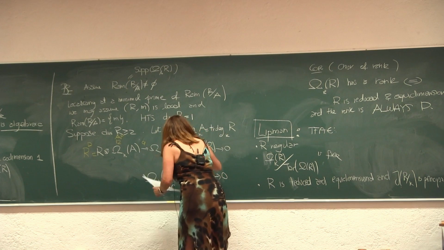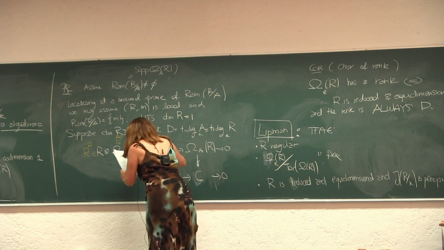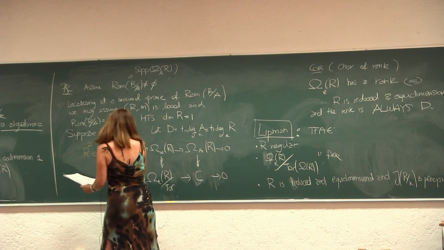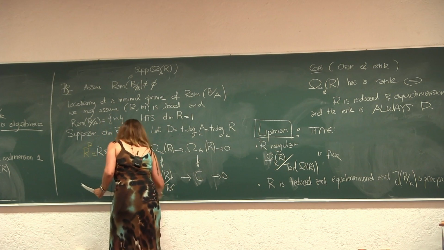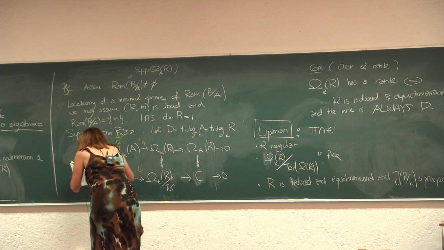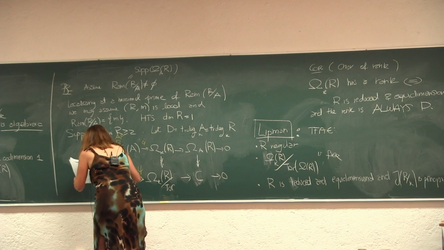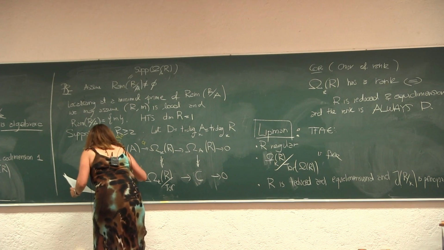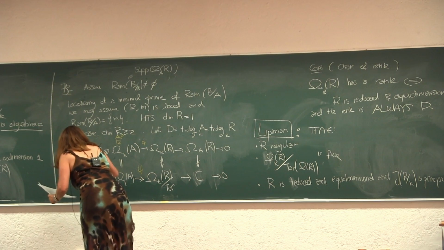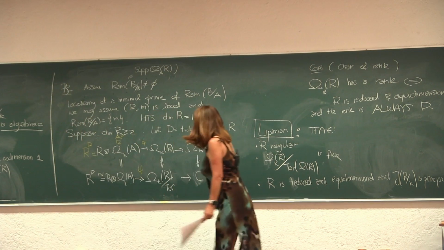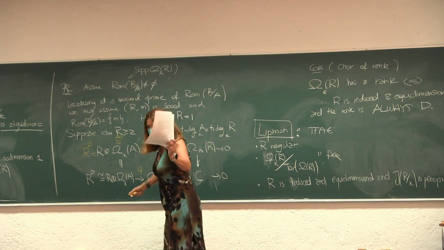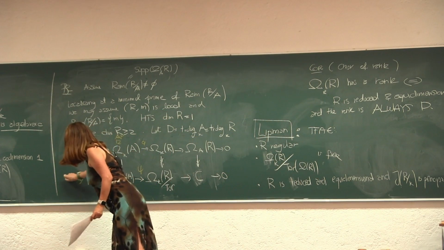But you still have an isomorphic image here, and here another module, which I call C. And this is R, the same guy. Okay? And now the first observation is that this one is injective.